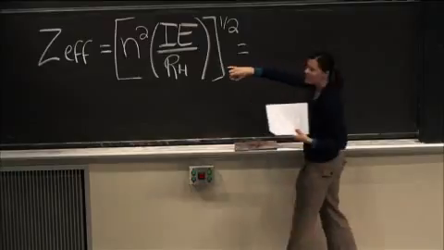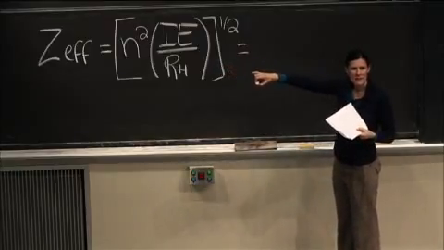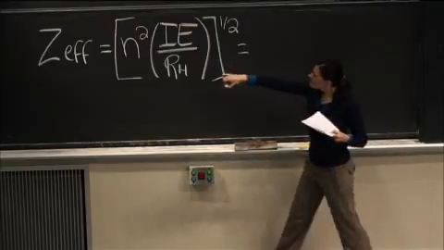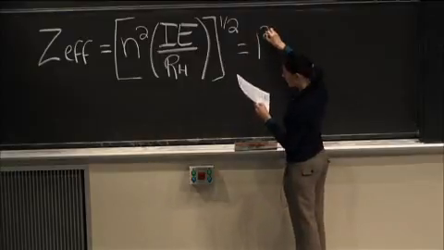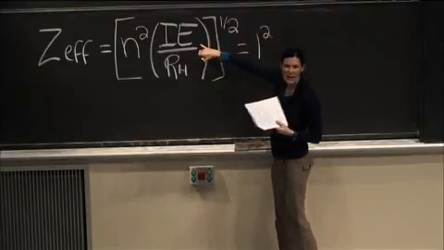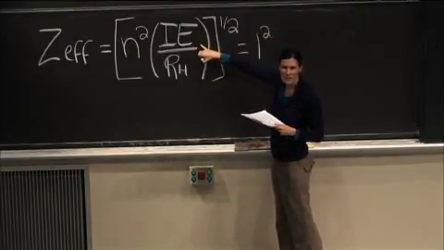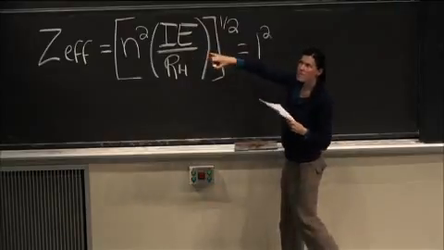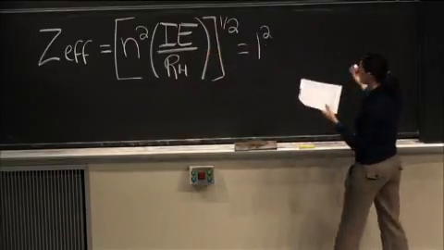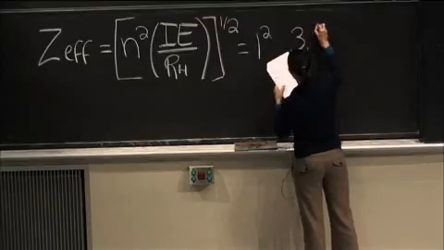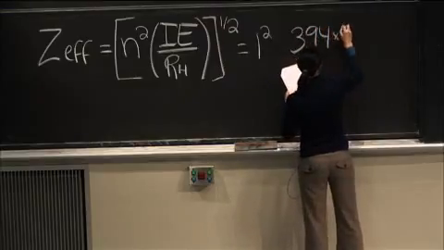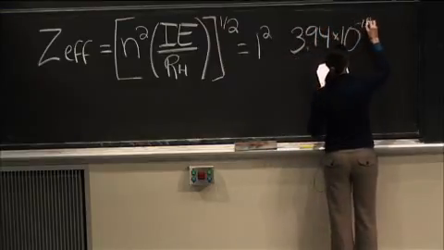So what's our value for N here? 1, yep, that's right. And then what's our value for ionization energy? Yep, so it's just that ionization energy that we have experimentally measured, 3.94 times 10 to the negative 18 joules.